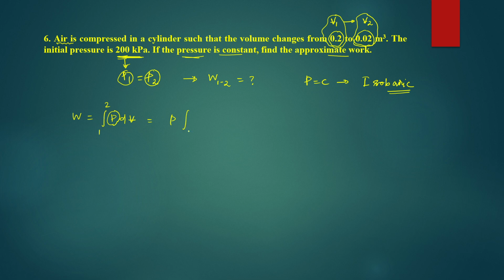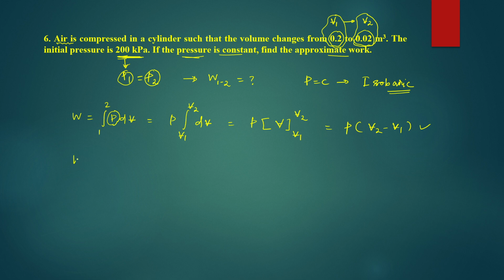And integration from state point 1, that is V1 to V2, of dV. So I can write P times the integration of dV, which is V from V1 to V2. So I can write P times V2 minus V1. So this is the formula for work interaction for a constant pressure process.